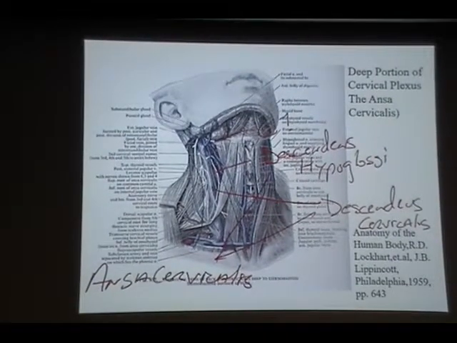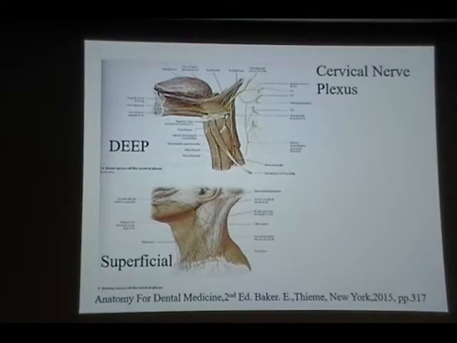We're going to look at this, kind of a comedy slide, also from Anatomy for Dental Medicine by Baker. So down here, here's your Erb's point. Here's the branches of the superficial cervical plexus. Here's the platysma muscle.